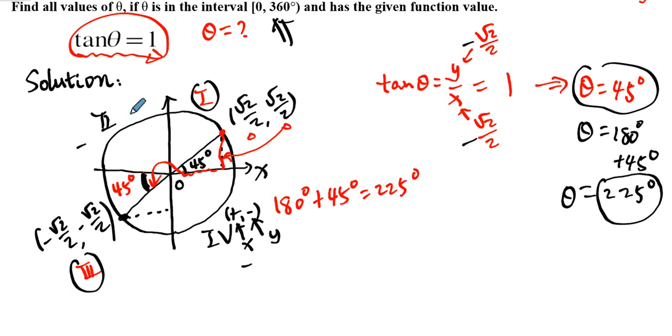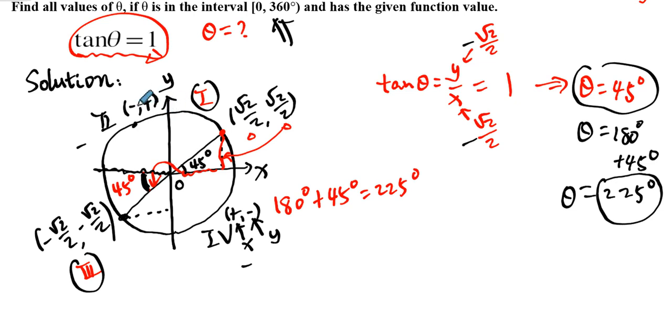Similarly, right here, you have x is negative, y is positive. Because you see, here is the x value, and on the left-hand side it is negative, but y is above, so y is positive.